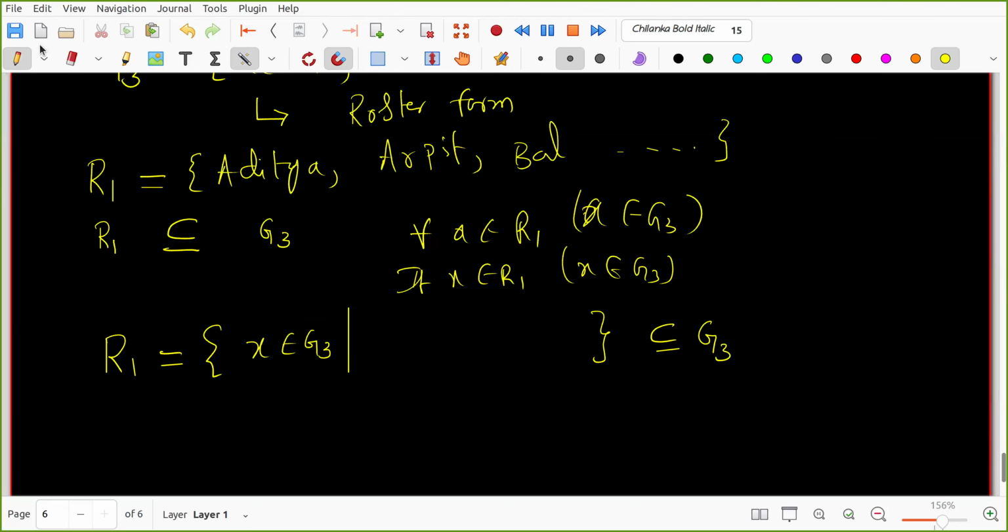I'm collecting a set, so I'll erase this now. I'm collecting a set of x belonging to G3, and I put some condition here, a condition satisfied by breakout room 1 people. What is the condition I write here? Then I'll get R1. What should I put here? Anyone want to comment?